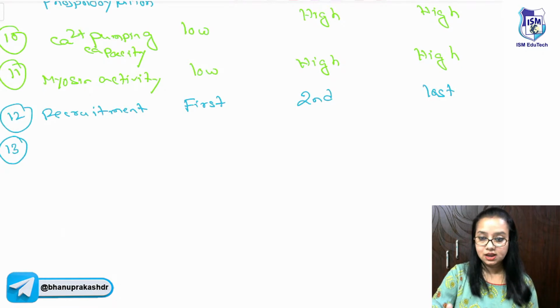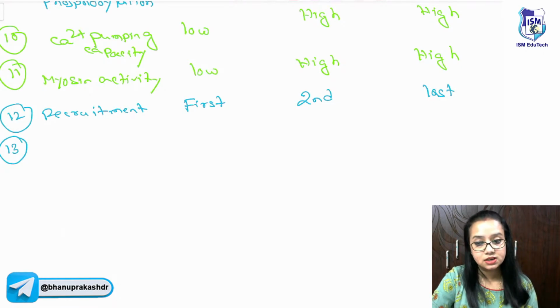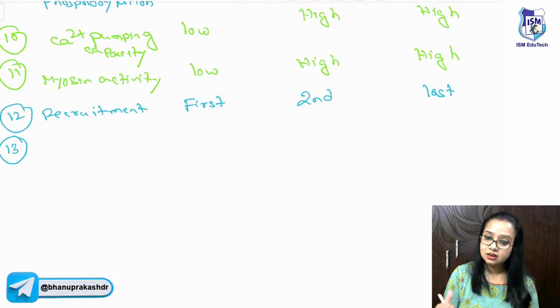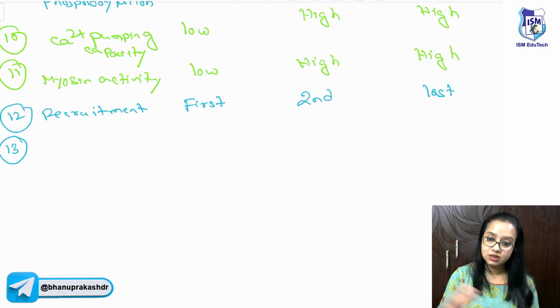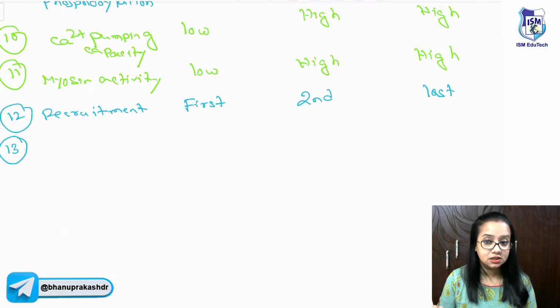Suppose I'm sitting, I'm standing, certain type of skeletal muscle will be used. If I start running, then a different group of muscle fiber will be activated. If I'm an athlete doing sprints, then also the muscle fiber that will be undergoing contraction to provide me the energy to perform that activity will be different.